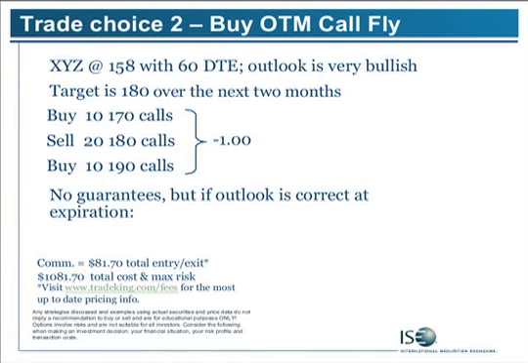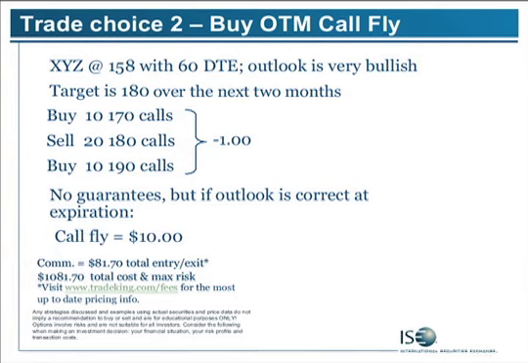Why is it out of the money? Because the options you're selling, that 180 strike, are out of the money relative to where the underlying is today, which is 158.